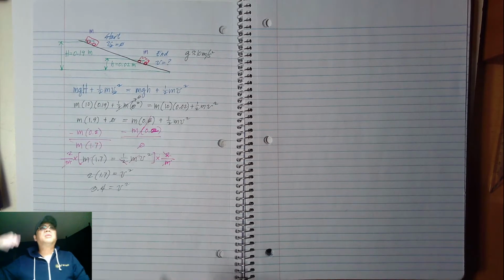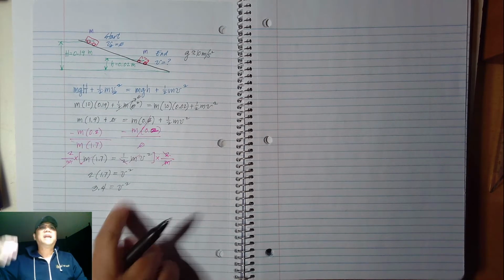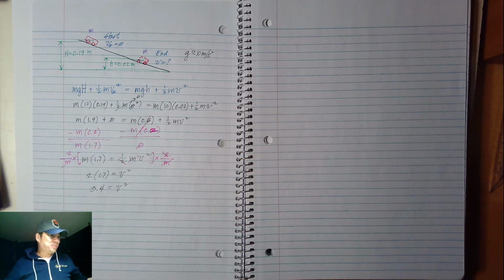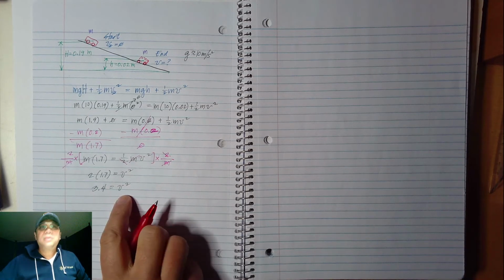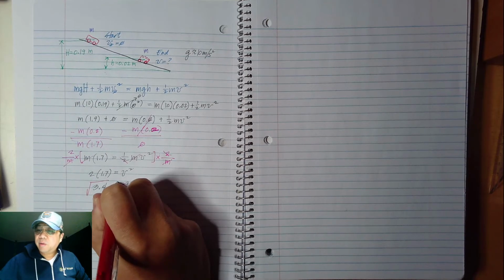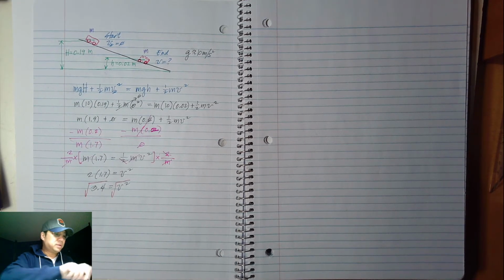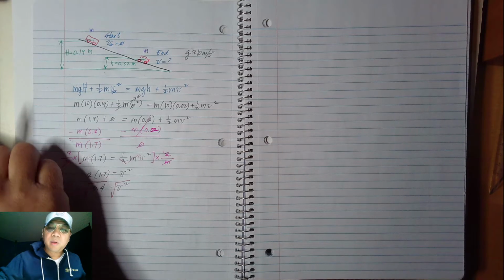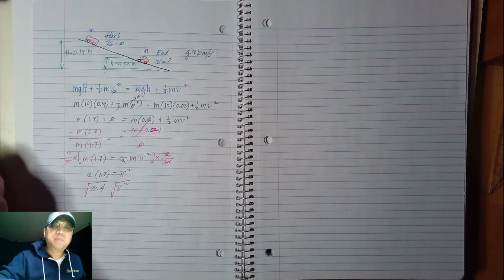So 2 times 1.7 is 3.4 equals v squared. However, I don't want my v squared value, but I want my v value. So the next thing for us to do is to take the square root of both sides of the equation in order to get rid of the square from your velocity, giving you the square root of 3.4.